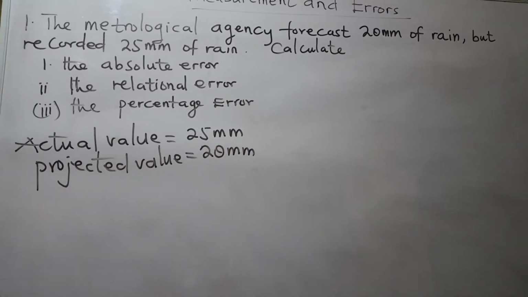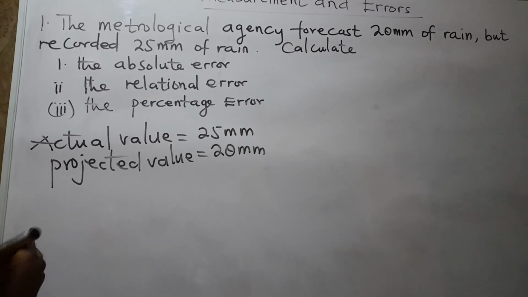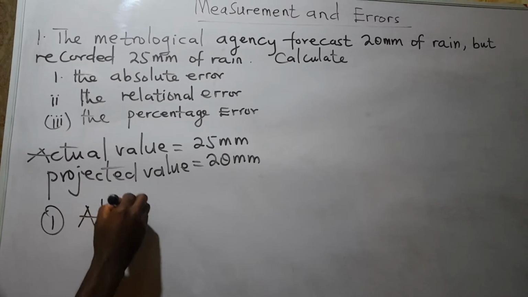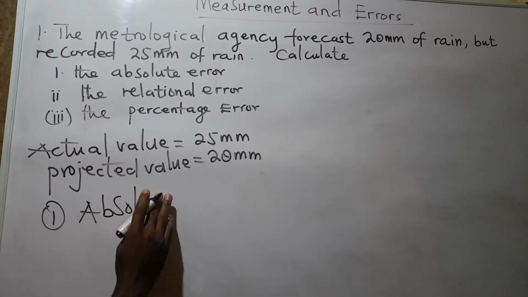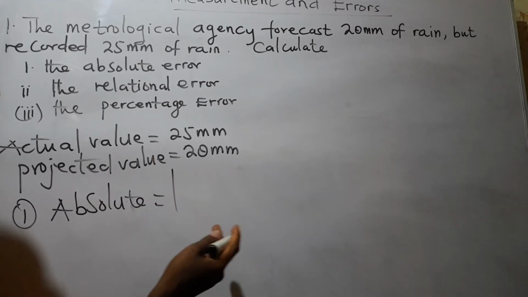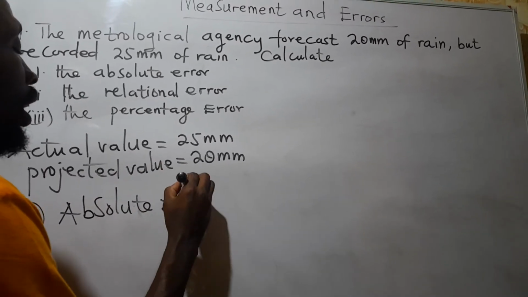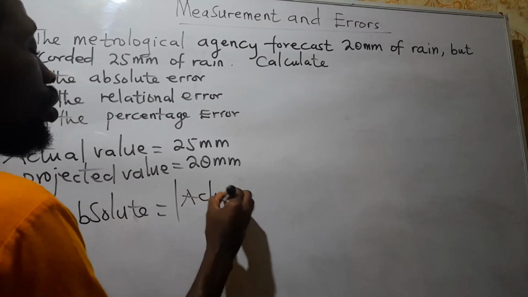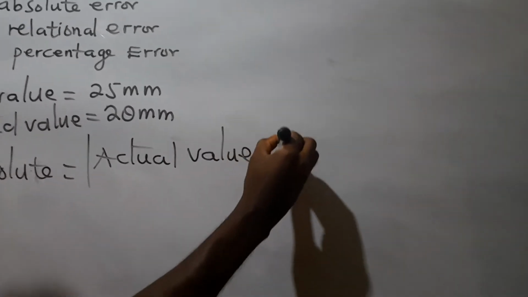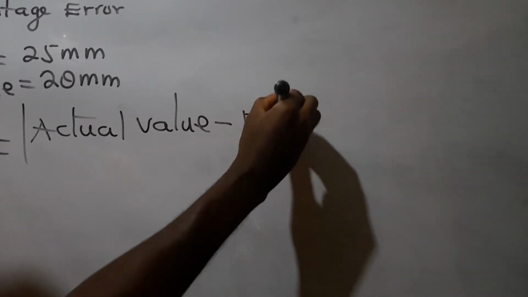We are asked to calculate the absolute error. Remember, we said that absolute error is equal to the absolute value of actual value minus the measured, in this case, actual value minus projected value.